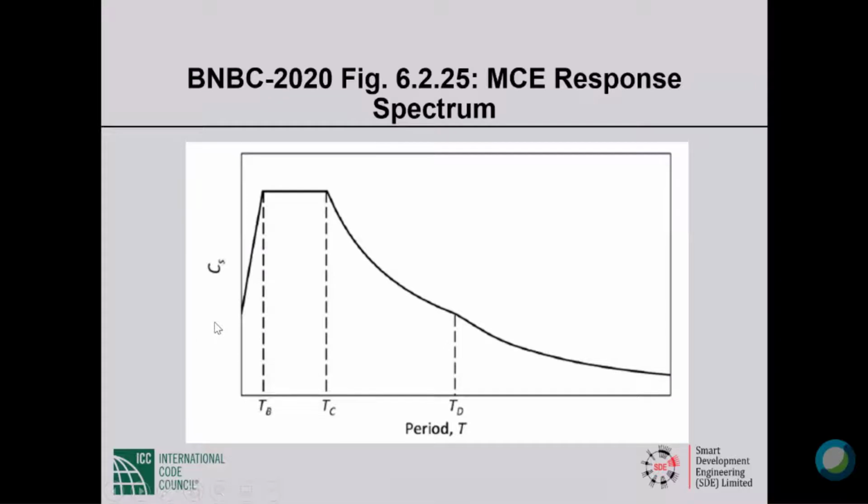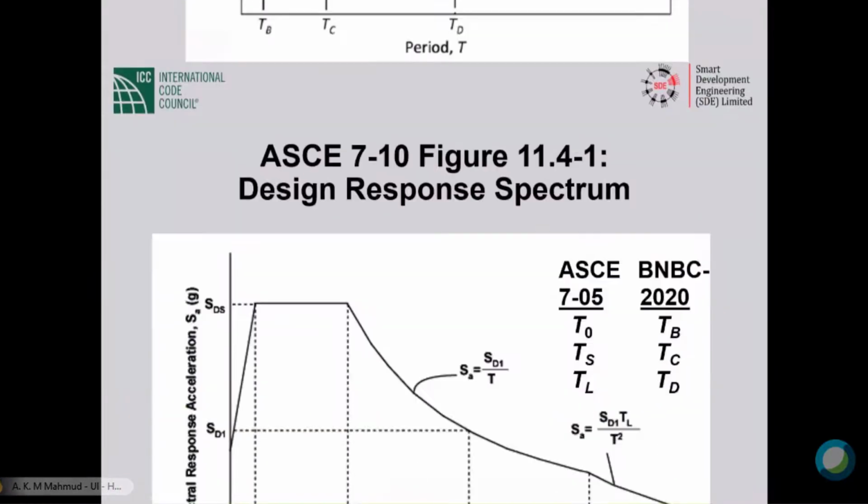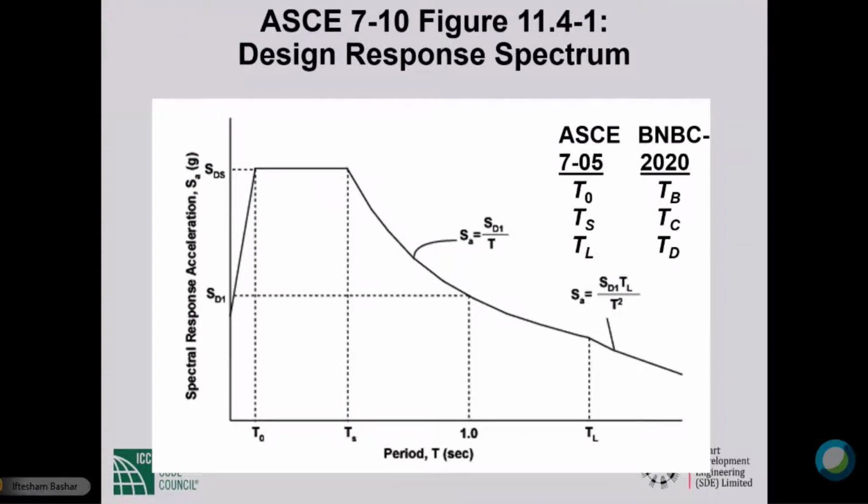The huge difference between the two spectra is the AC 7 spectrum I showed you is the design spectrum. This spectrum is the maximum considered earthquake spectrum. I have not discussed design versus maximum considered earthquake yet. That is to come, but please note that that is the situation. Okay, one is a design spectrum, another is an MCE spectrum.